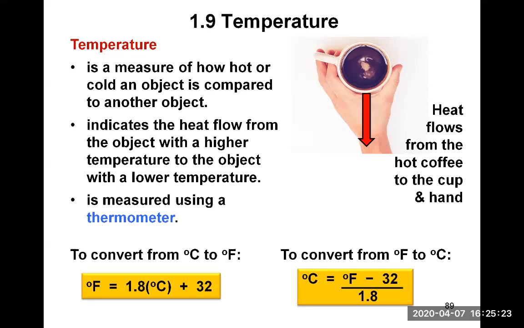And if you want to do the reverse, change degrees Fahrenheit to degrees Celsius, you would use this equation that says degrees Celsius equals degrees Fahrenheit, so you would plug in your degrees Fahrenheit minus 32 over 1.8, so divided by 1.8.